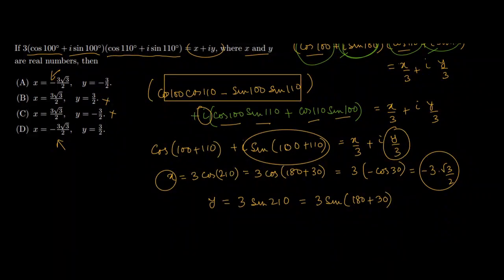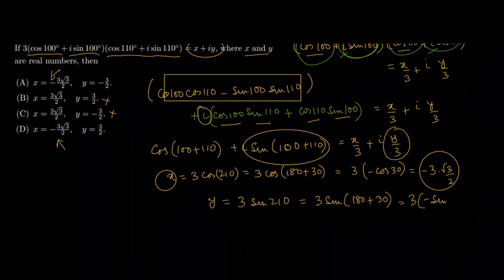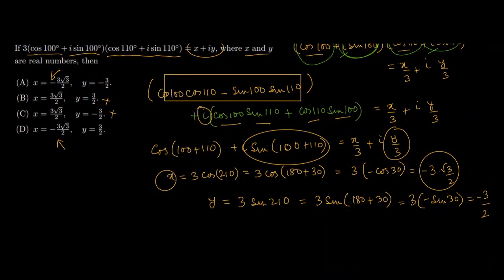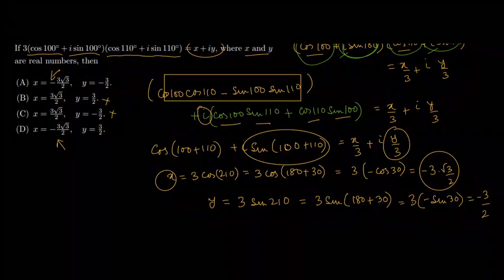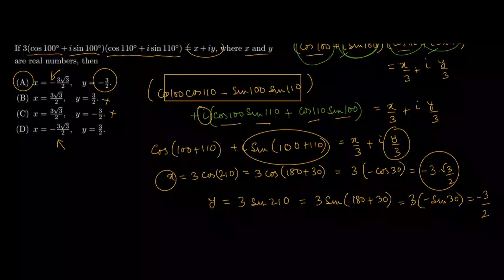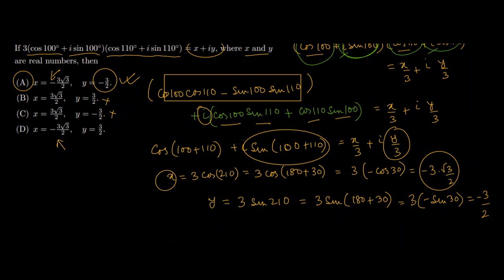Again, sine of pi plus theta is minus sine theta. So this is thrice of minus sine 30 or minus 3 by 2. So y equal to minus 3 by 2, which is the first choice, or option A is the correct answer.